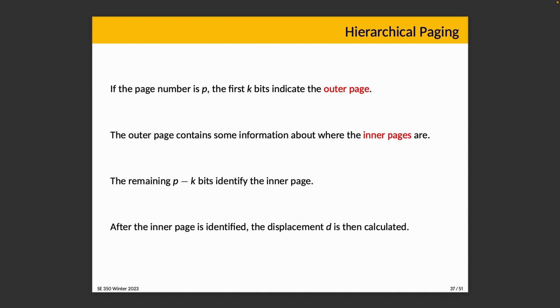The outer page contains some information about where the inner pages are, so it tells us where to look for some more information. And then the inner page is represented by the remaining bits. And then after you identify the inner page, it tells you about the displacement, which is calculated.